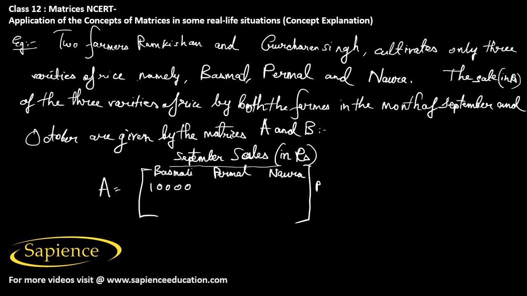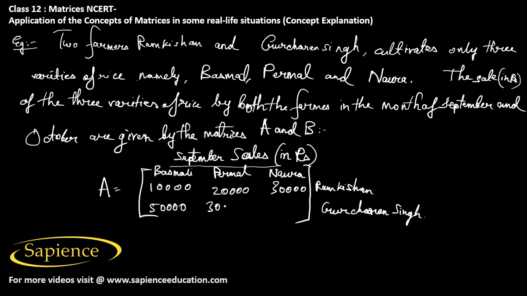So the first row is for Ramkishan and the second row is for Gurcharan Singh. So permal is 20,000, nora is 30,000, and basmati is 50,000, and permal is 30,000, then nora is 10,000.